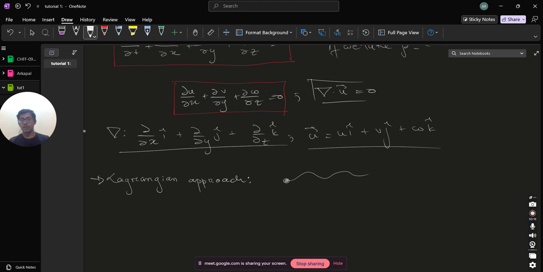For example, the U, V, W and density of the particle, which is a function of time as well as a function of space.